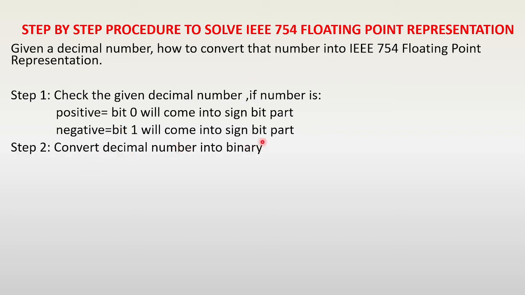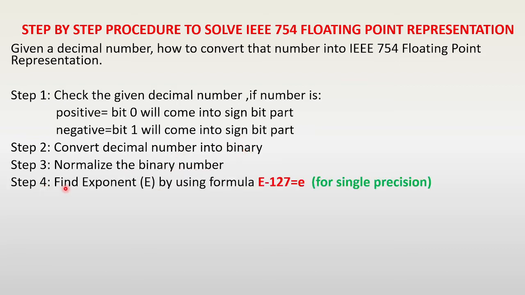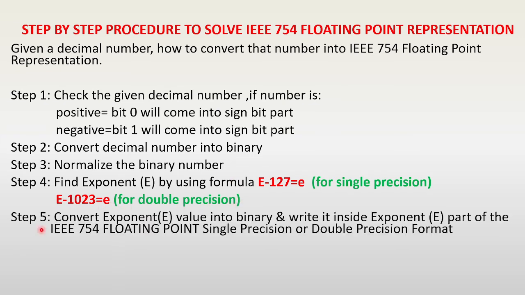Then convert the decimal number into binary. After converting the decimal number into binary, we have to normalize the binary number. Then you have to find the exponent by using the formula e minus 127 equal to e for single precision, and e minus 1023 equal to e for double precision. Step 5 is to convert the exponent value into binary and write it inside the exponent part of the IEEE 754 single precision or double precision format.